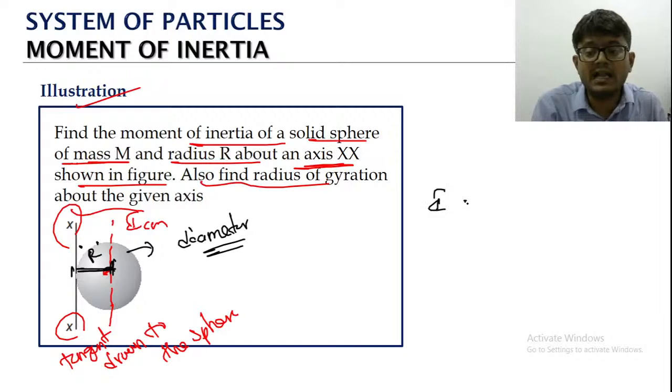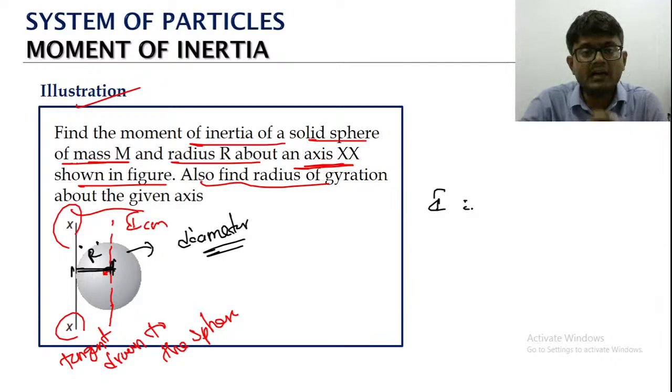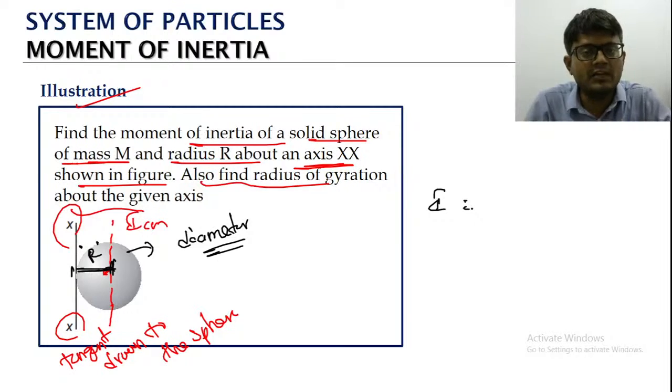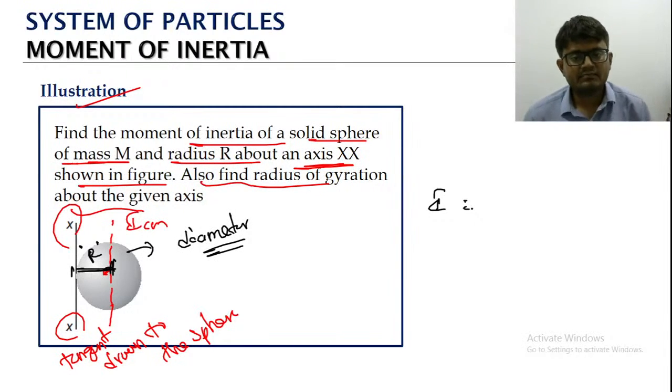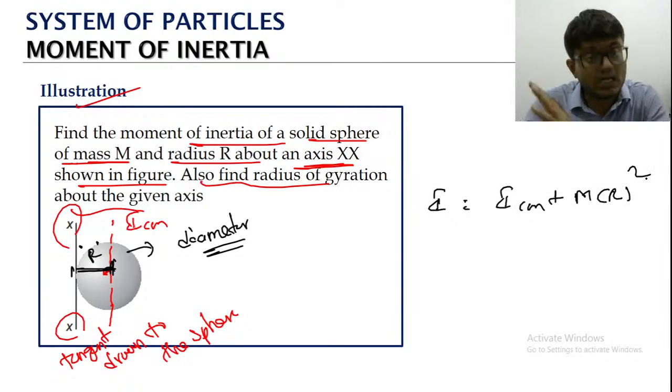Now what is the parallel axis theorem concept? The parallel axis theorem can be used for any type of object, right? We have a limit only on the perpendicular axis theorem, because it can be used only for plane objects or 2D shapes, laminas. The parallel one can be used for anything. Look at the formula: I is equal to I_CM plus M R square. What is this R?